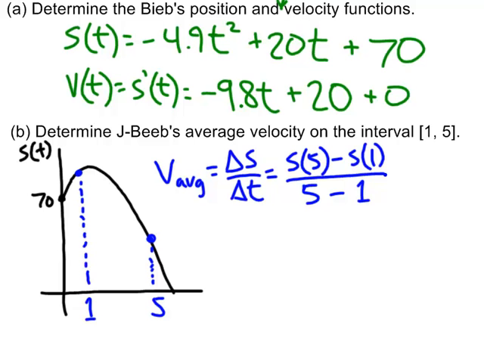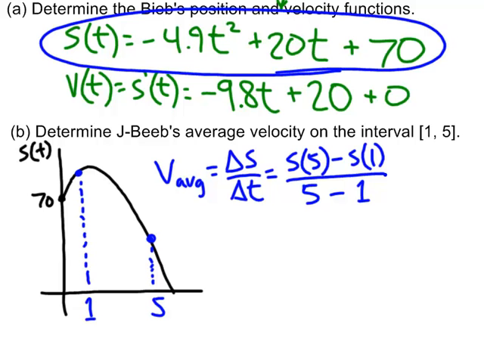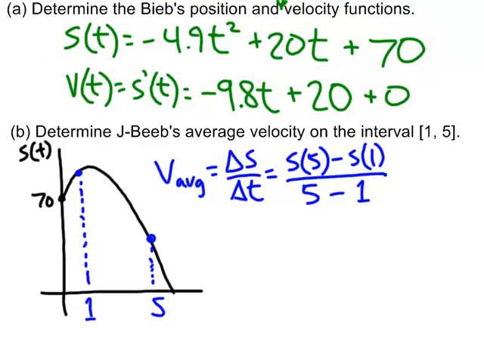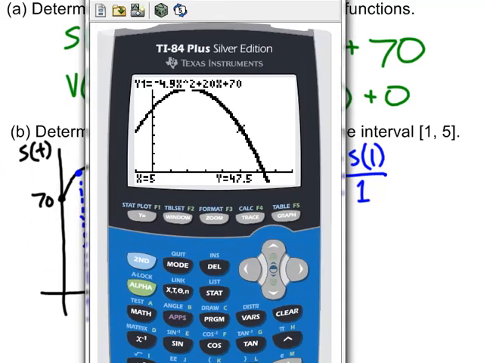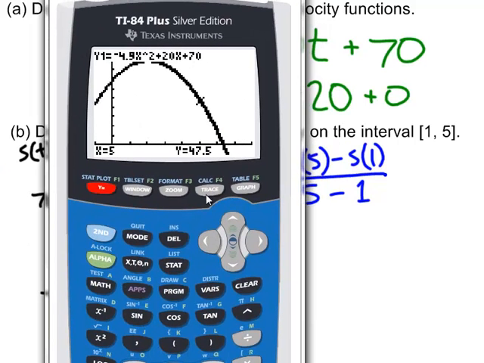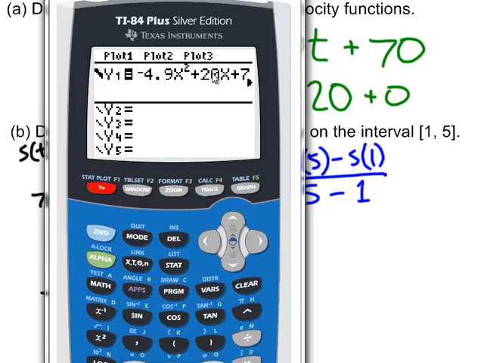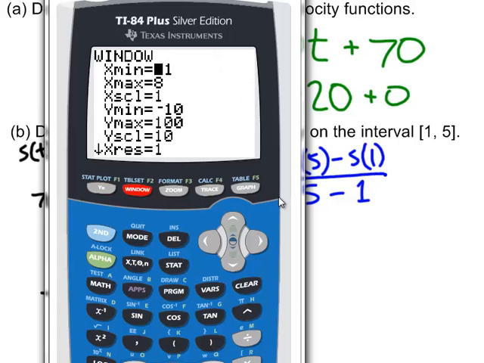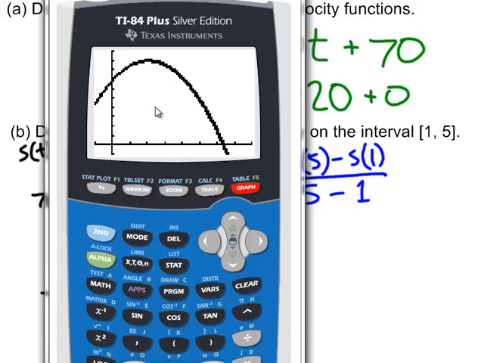Now where am I going to get s of 5 and s of 1? Well, it's a good thing I've got an equation here. Obviously I could just use mental math or arithmetic on paper, but I'm going to cheat a little bit for time's sake and use the calculator. I've already graphed this function in there. I know the function is really in terms of t, but I've typed it in as x. I've got some reasonable window settings here. Let's trace.